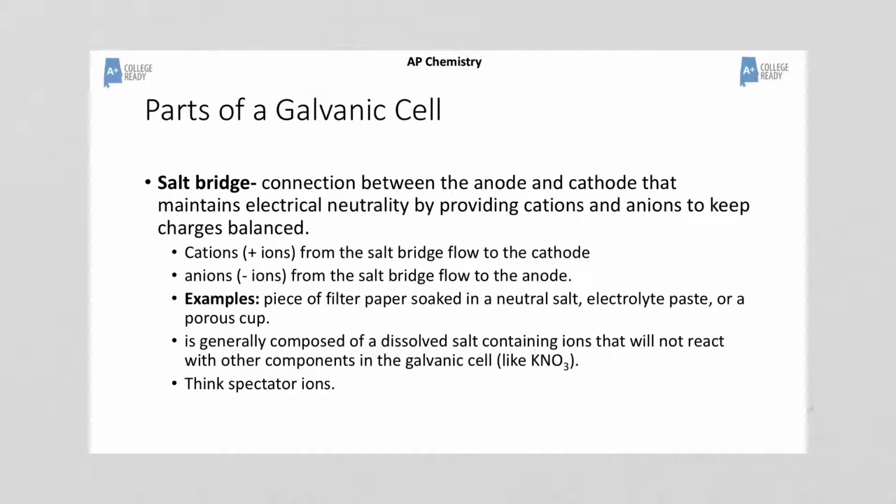And really what that means is as electrons are leaving the anode and traveling to the cathode, you have oxidation occurring in one half cell and reduction occurring in the other.